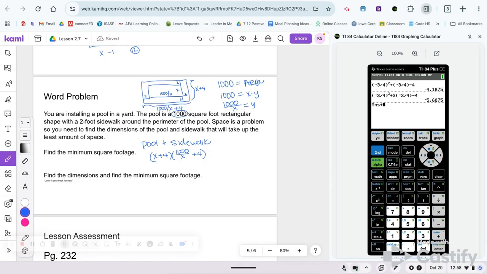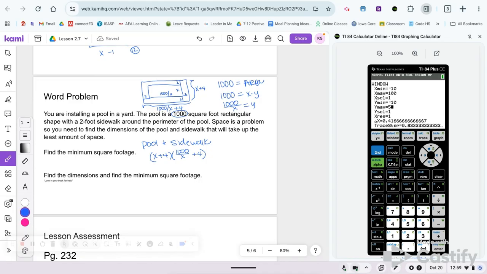And if I'm going to find the minimum square footage, I'm going to put it into my calculator here. Try to get the graph to show me. Let's go 50. Let's go 100 on my X max.